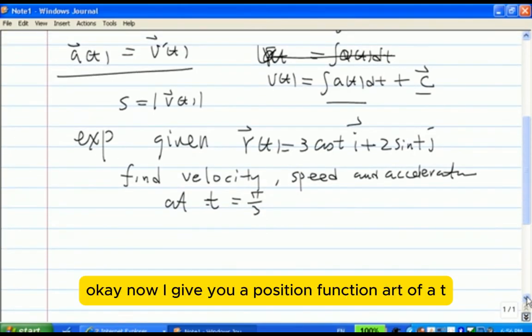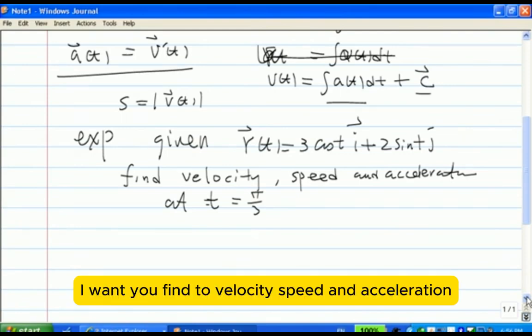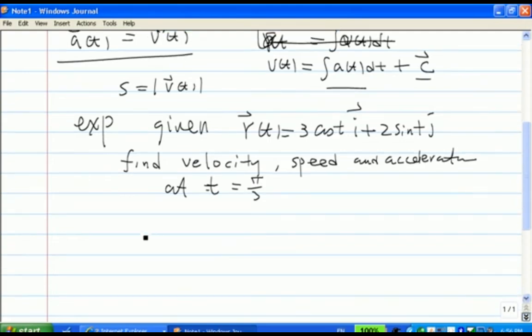I give you a position function r of t, and I want you to find the velocity, speed, and acceleration.